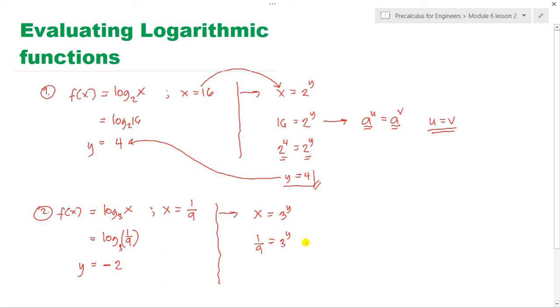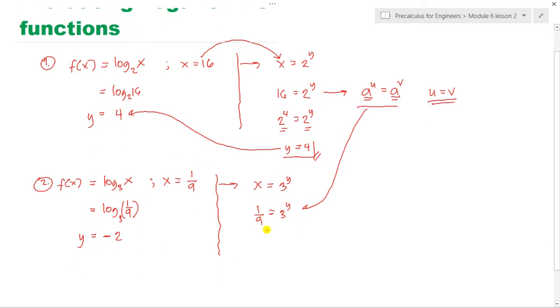Since 9 is in the denominator, to remove the fraction we move it to the numerator, and the exponent 1 becomes negative 1. So that is 9 raised to negative 1 is equal to 3 raised to y.